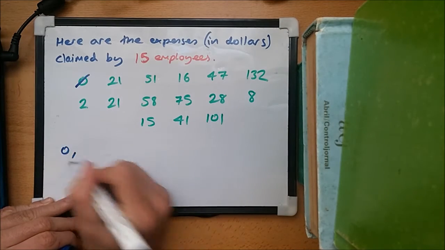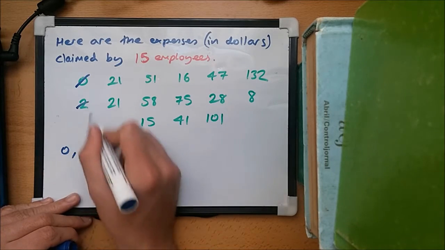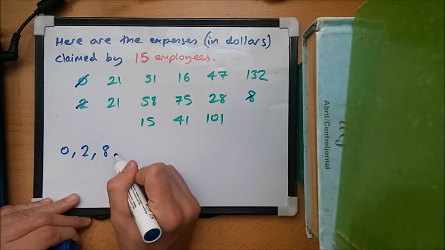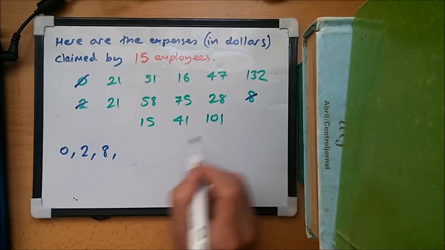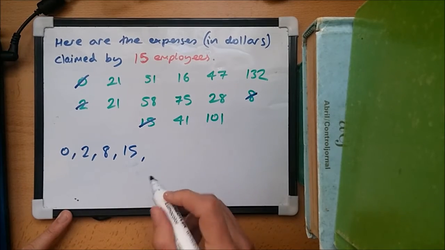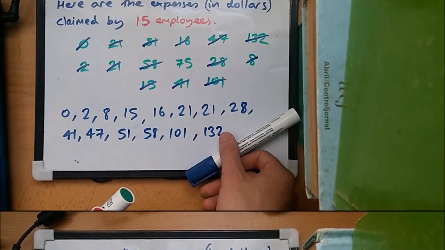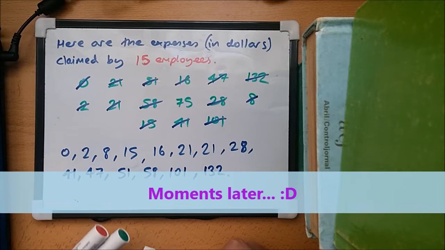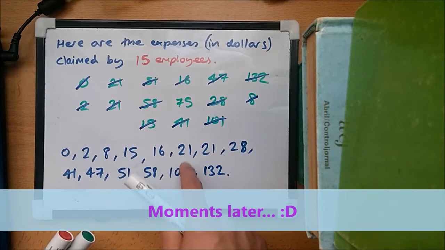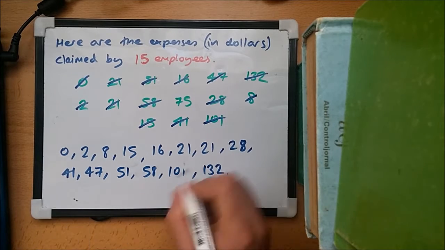The next biggest number is 2. Then 8. Then what's after 8? 15. Then I'll pause the video and collect the numbers in order so I don't make mistakes. Anyway, you notice that we have 2 and 21, so yes, you do include 21 separately.